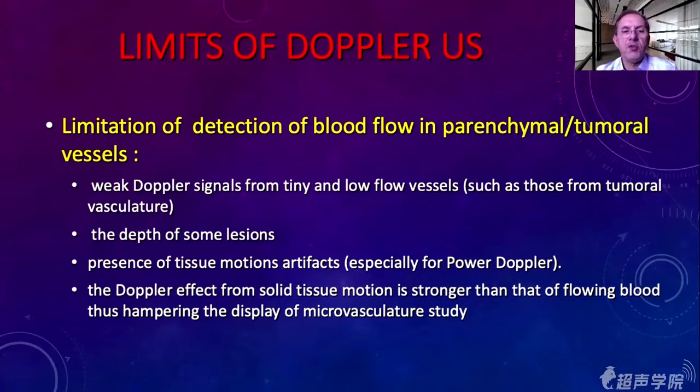The presence of tissue motion artifacts, especially for power Doppler, makes the study very difficult, and sometimes the Doppler effect on solid tissue motion is stronger than that of the flowing blood, thus hampering the display of the macrovascularization. So, in fact, with color Doppler and power Doppler, we can display only flow in large vessels.